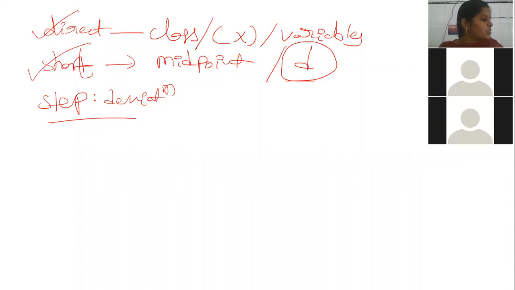So just come to this step deviation method. In this method, all of you should write down a point. In this method, class intervals are taken into consideration to simplify the calculation.